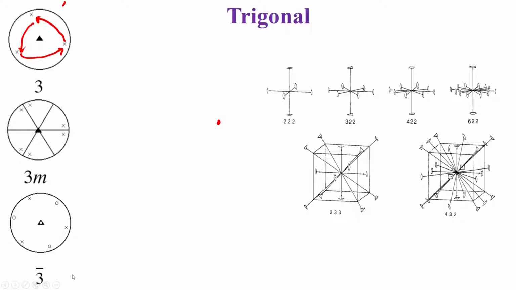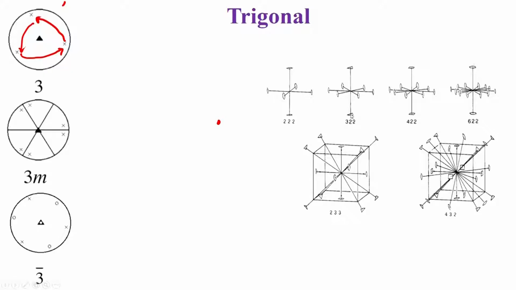The next symmetry is the operation where we have a threefold symmetry followed by an inversion. So, there is an inversion which is associated with the threefold symmetry, and both of them are along the same axis. That means, this is the axis which is 3, now it becomes 3 bar. It carries the inversion operation along with it, and therefore, it again generates 6 equivalent positions in the projection diagram, in the stereographic projection.